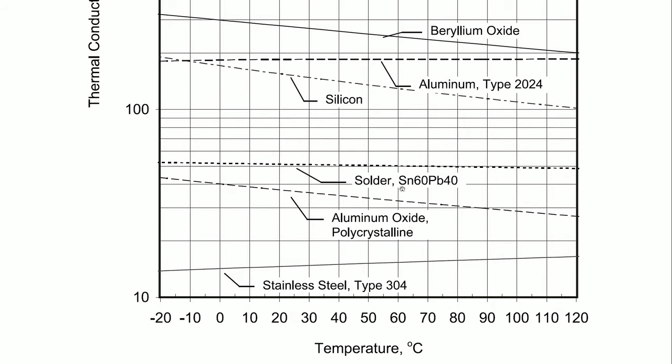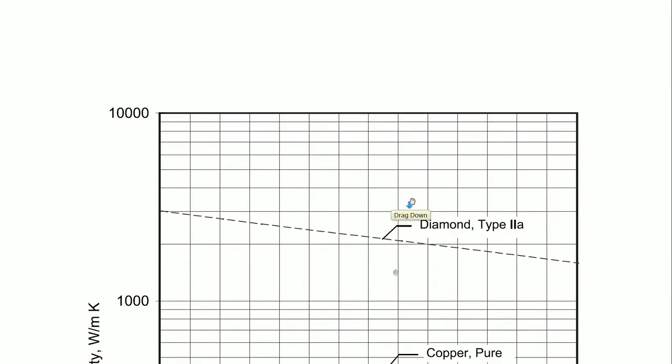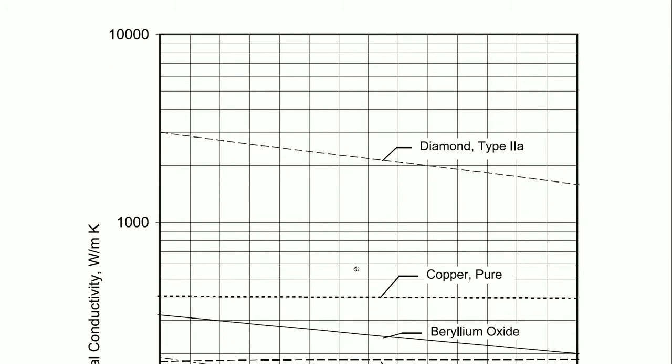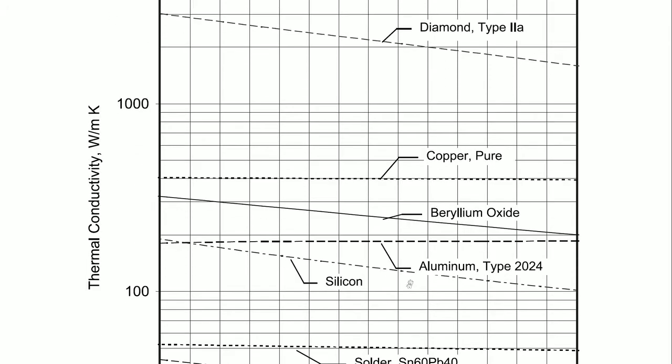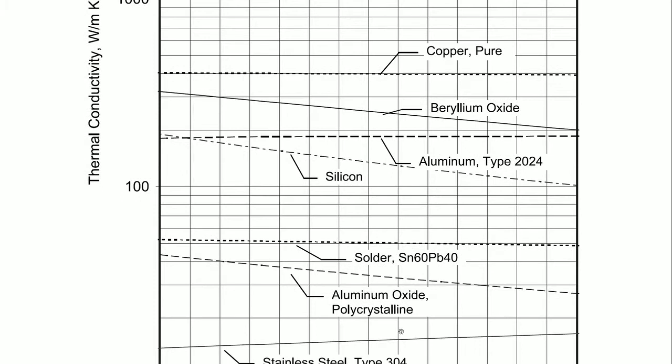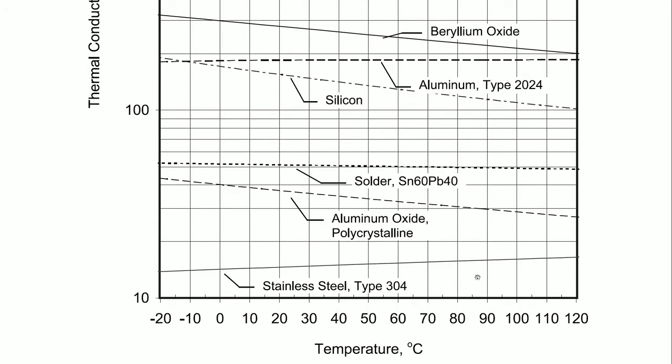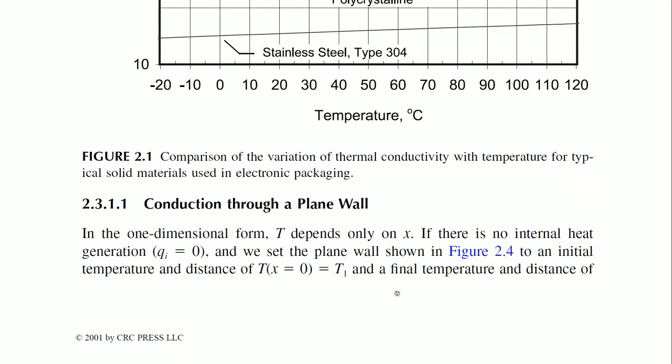So, let me just show you degrees centigrade per watt: diamond stays there, copper, beryllium, silicon, and at the bottommost you have things like stainless steel, meaning for a given amount of wattage, the amount of temperature rise is ridiculously high here. So, let me go further.